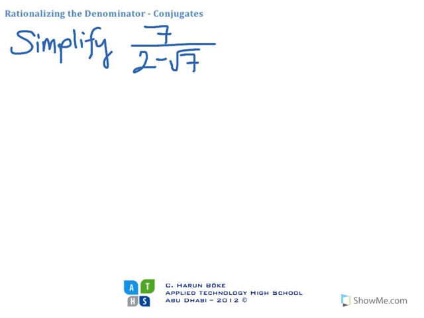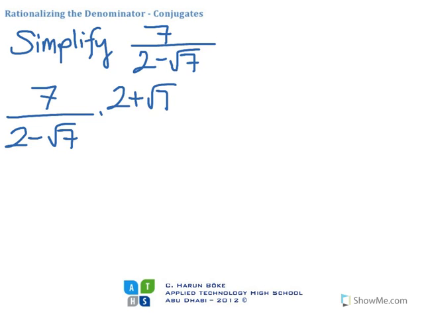Now here we have 7 over 2 minus square root of 7. Now we want to rationalize the denominator so that it will be simplified. So what I have to do is multiply 7 over 2 minus square root of 7 by its conjugate, which is 2 plus square root of 7 over 2 plus square root of 7.